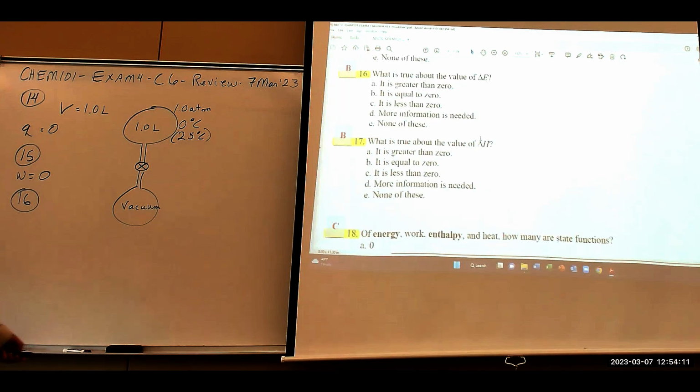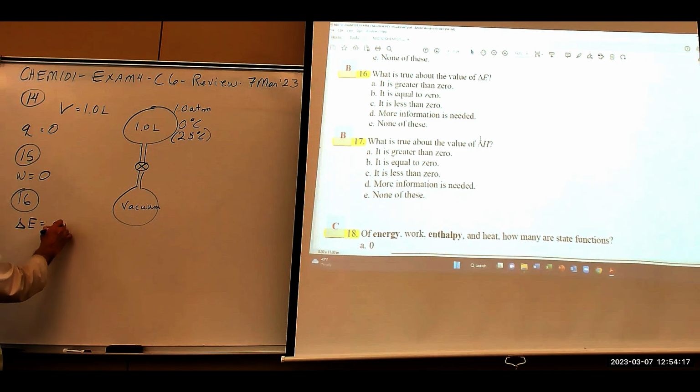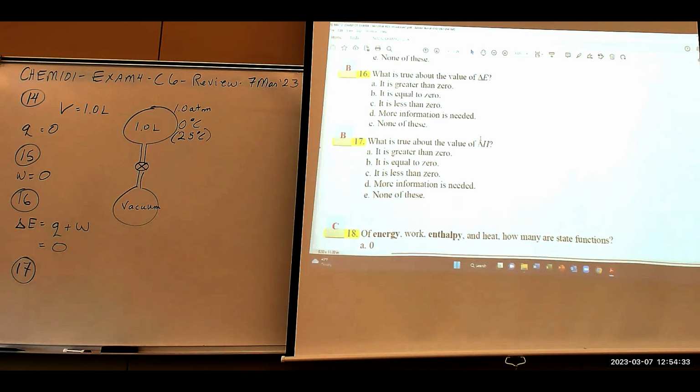16. Here we go. How about delta E? All right, what's delta E? It's Q plus W, right? Well, we already determined those are 0, so this has to be 0. Okay. And the last one, 17, delta H. What's delta H?